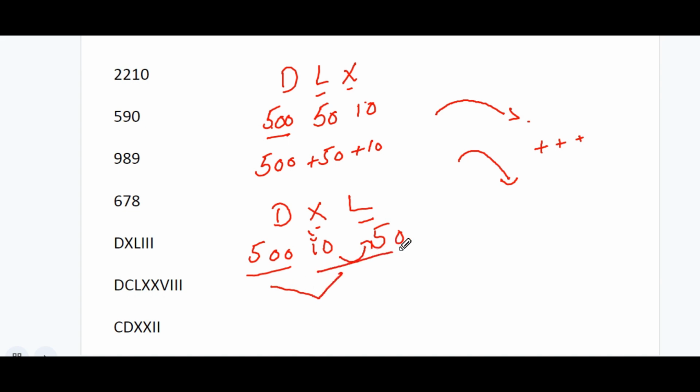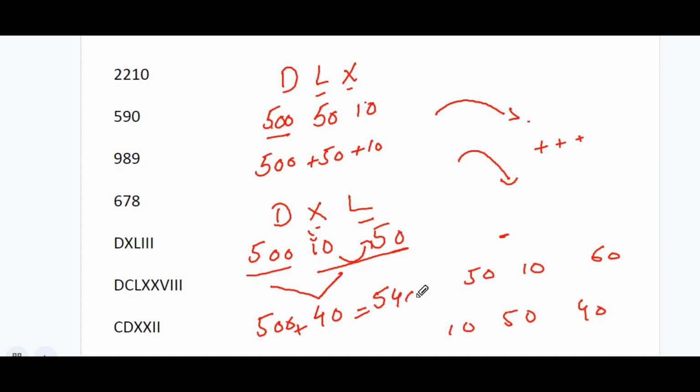When this type of thing happens, it means this is not going to be added. You need to take away. 50, 10 will be 60, but 10, 50 will be 40, right? So it means this is 550 minus 10 equals 40. Now we are going to add them and we get our answer, 540.